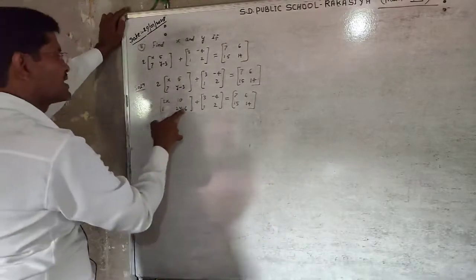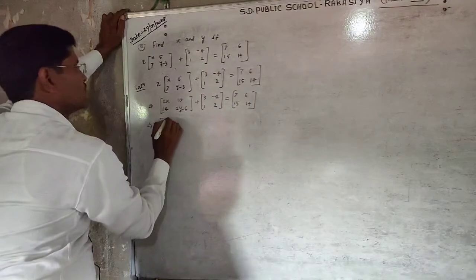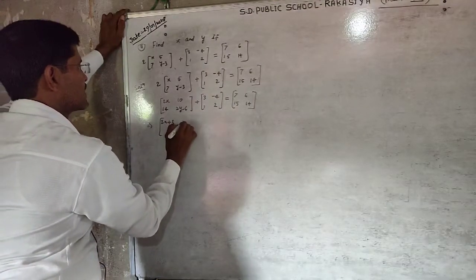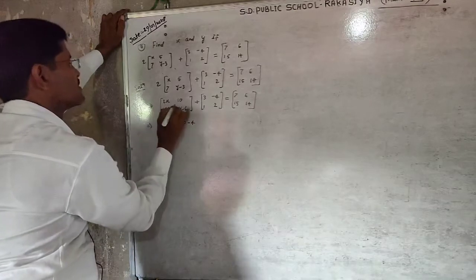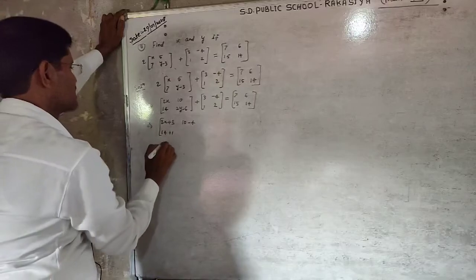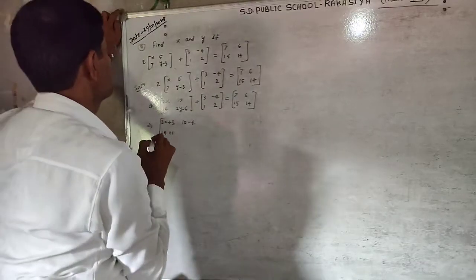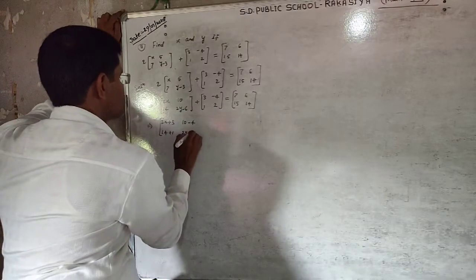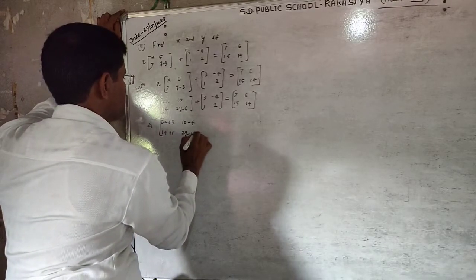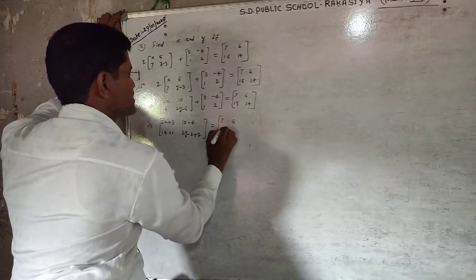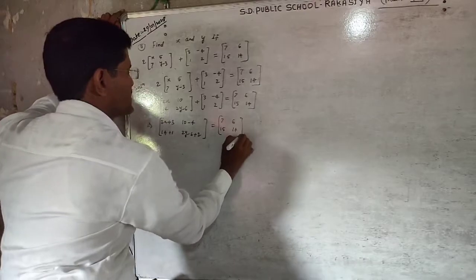Now we add these matrices: 2x plus 3, 10 minus 4, 14 plus 1, and 2y minus 6 plus 2, equal to [7 6; 15 14].